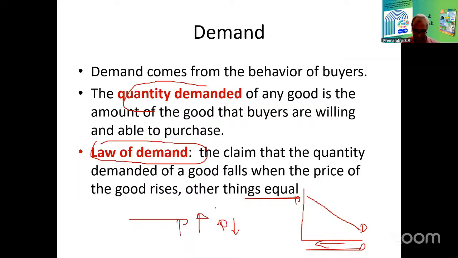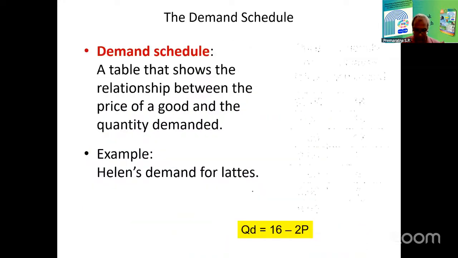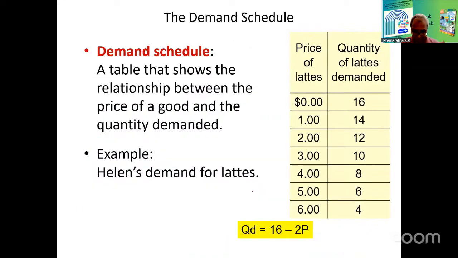That relationship we call the law of demand. But one important thing is all the other factors we did not discuss must remain unchanged, what we call the ceteris paribus assumption. We will look at the other factors later on.